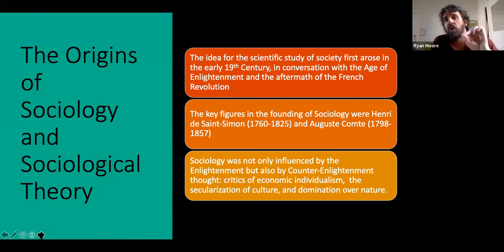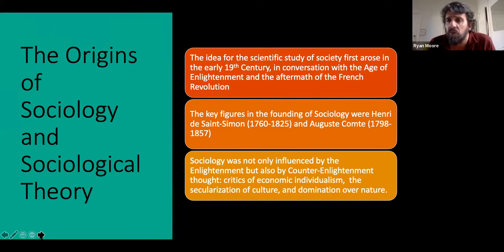It's very important, though, although these people come out of this historical context, to understand that they are not simply internalizing everything that the Enlightenment had preached or had said, but were also influenced by counter-Enlightenment trends.